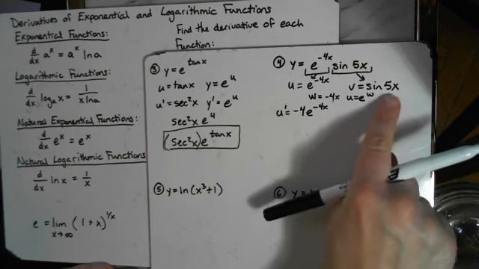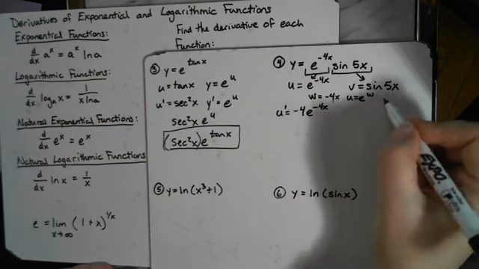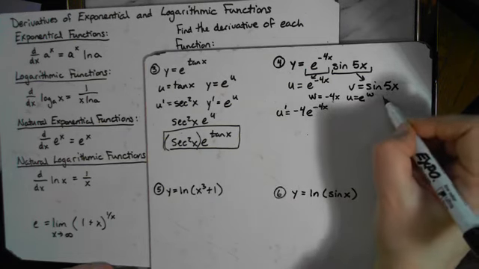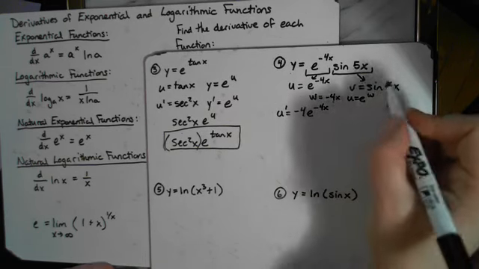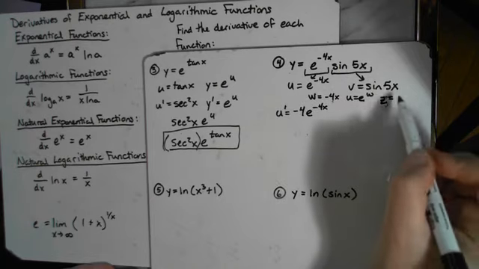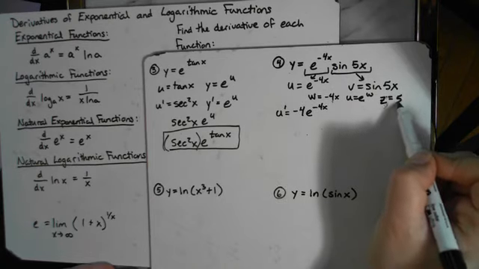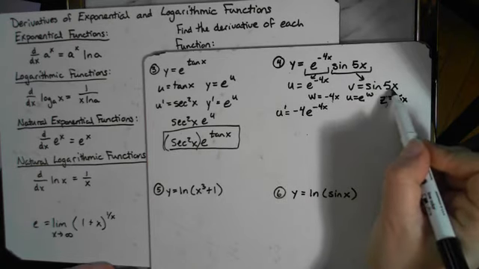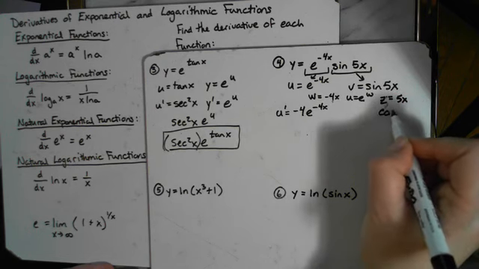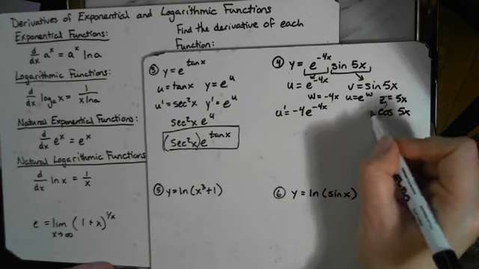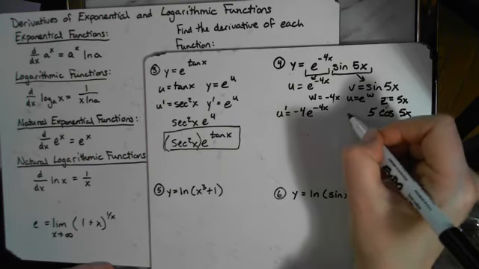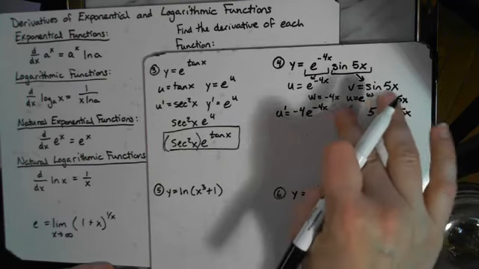Okay? For v, I'm going to let, let's go with y, oops, we already used y. Let's do v then, or z. There we go. Z equals 5x. The derivative of sine is cosine of what z was, and the derivative of z is 5. So that's my v prime.